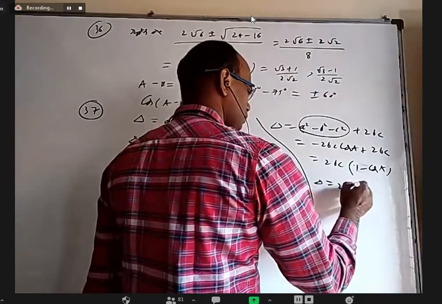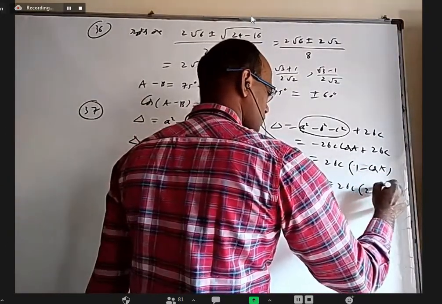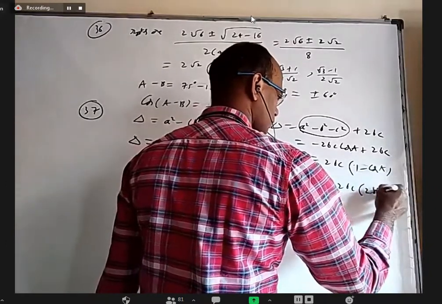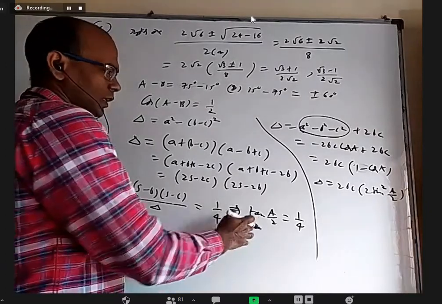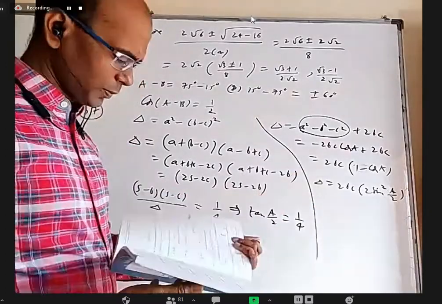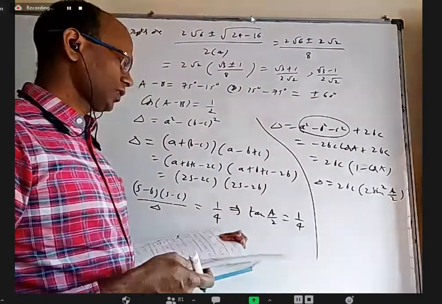Delta equal to 2bc into 2 sine square A by 2. Okay, we'll continue with this also. What are the options they want? They wanted circumradius. Okay.